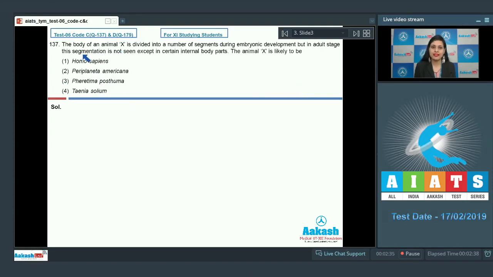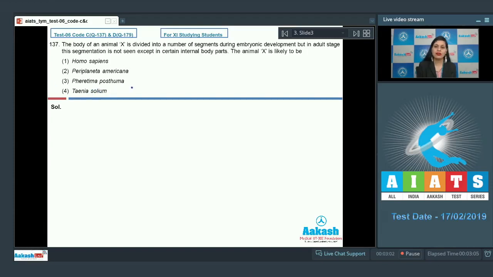Question number 137. The body of an animal X is divided into a number of segments during embryonic development. But in adult stage, this segmentation is not seen except in certain internal body parts. The animal X is likely to be, options are Homo sapiens, Periplaneta americana, Pheretima posthuma and Taenia solium.